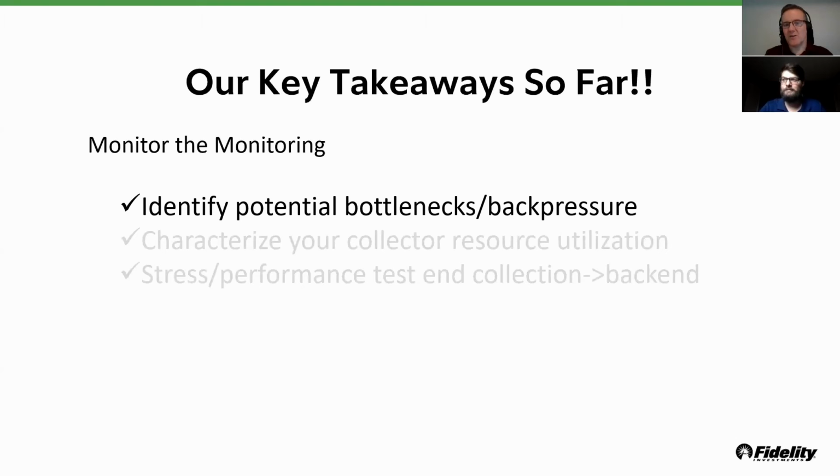One key area there is ensuring that back pressure would never have an impact on the producing applications and services. You never want your business functionality to be negatively impacted by some issue with your collection, for example.